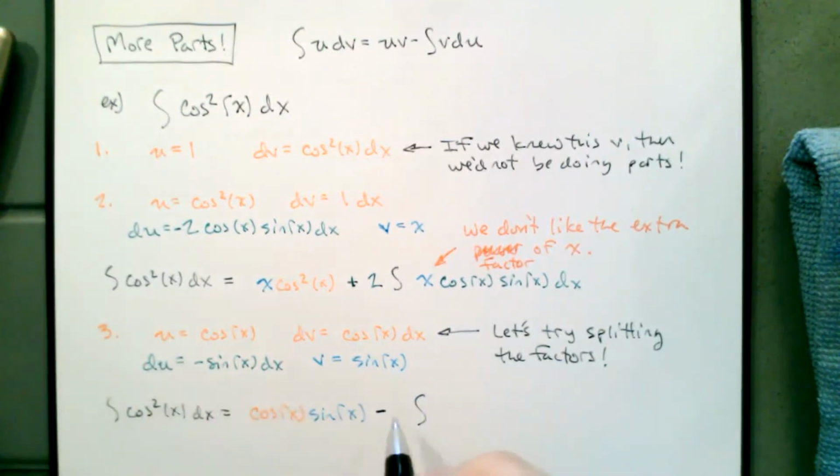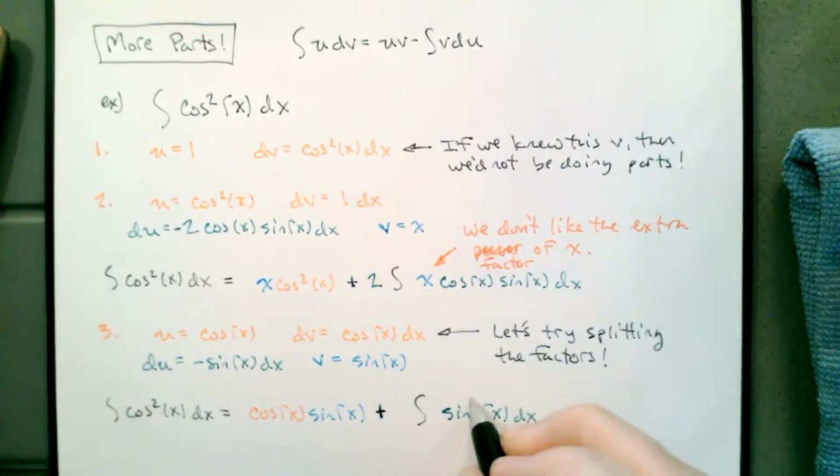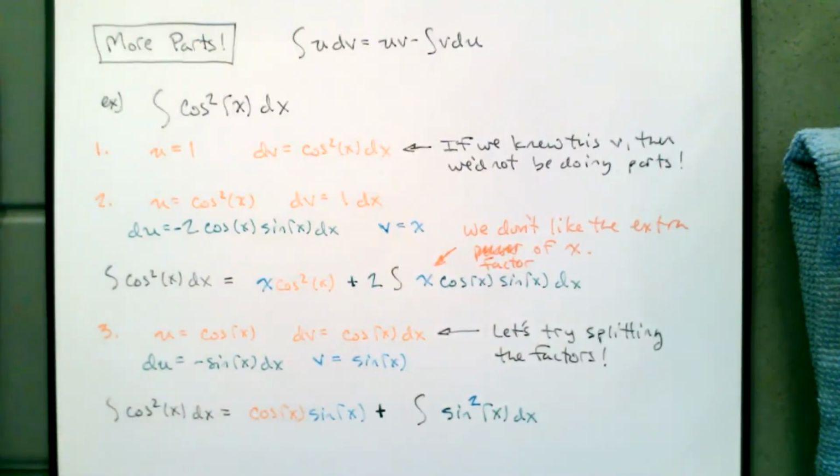So I'm going to factor the negative out and make this plus. And sine times sine is sine squared. So now we just have to integrate sine squared.